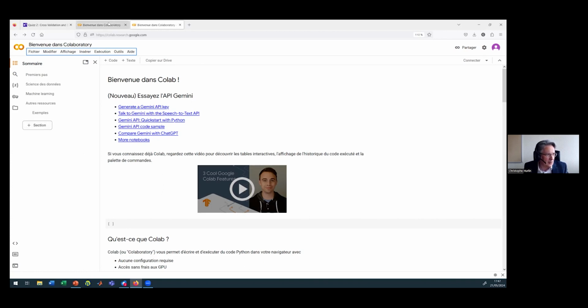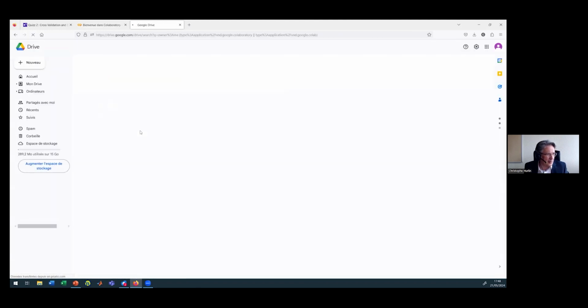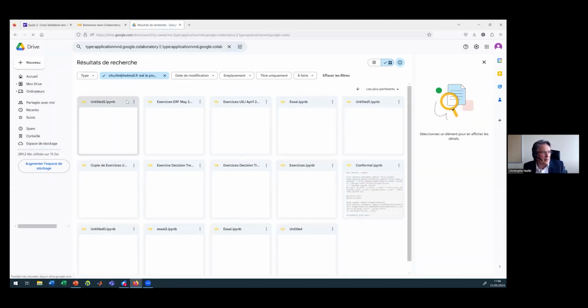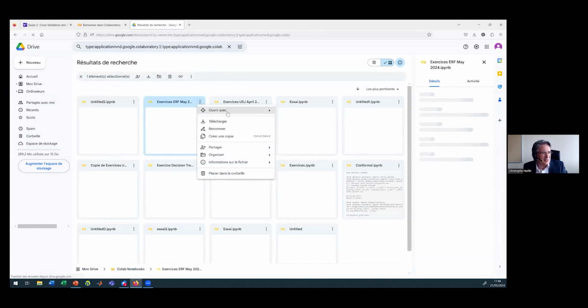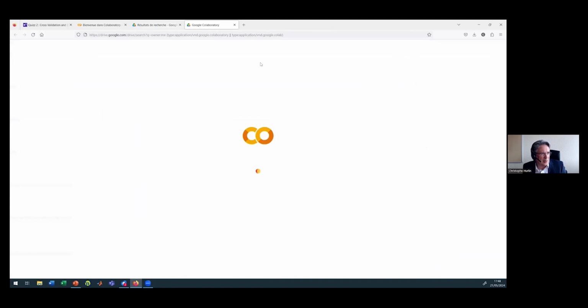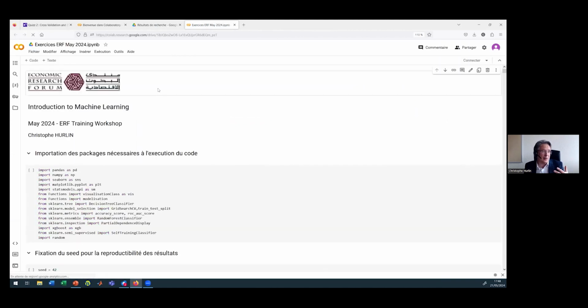But let me go here. So I have here on my drive this file that I will send you. So I will open with Google Colab. So I will explain you how to import and to get this exercise file with Google Colab.